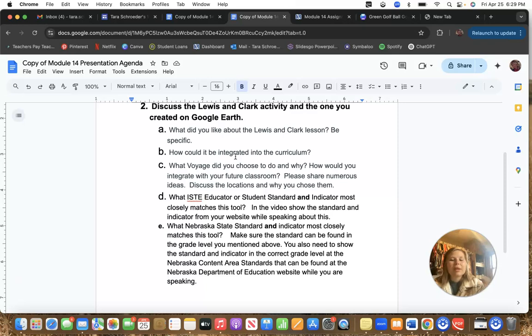Overall, Google Earth is a great place to use in the classroom because there's so many students that don't necessarily get to travel. Some kids are very lucky to get to do it, but not all students in your classroom are going to be able to have those opportunities.